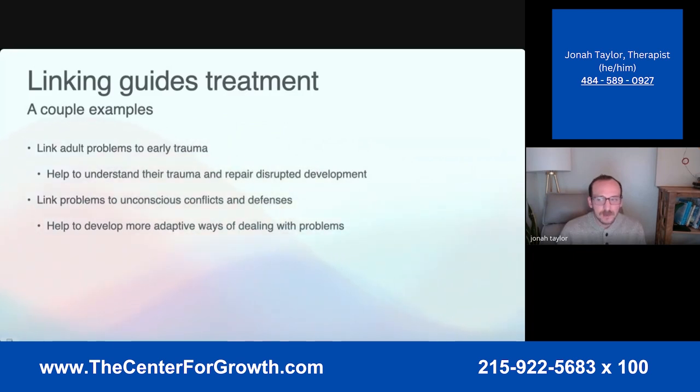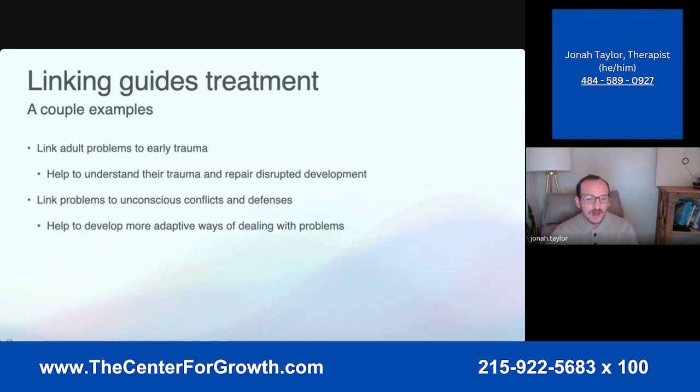A few examples of how you can take the link that you've developed between what you've described and what you've reviewed to help guide treatment. To link adult problems to early trauma, you then focus the treatment on helping the client to understand their trauma and repair the disruptive development that occurred around that trauma.